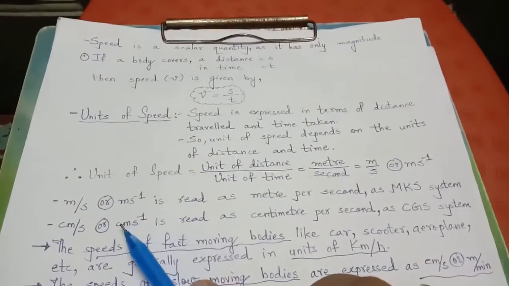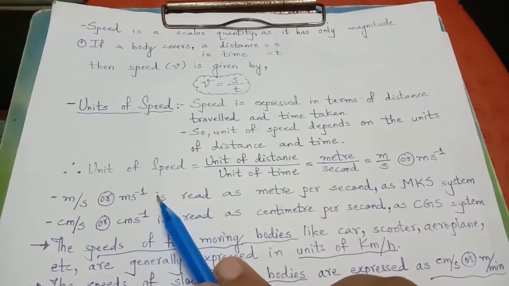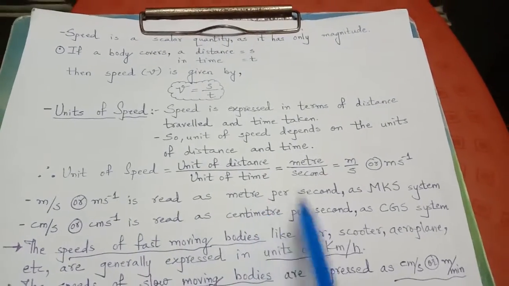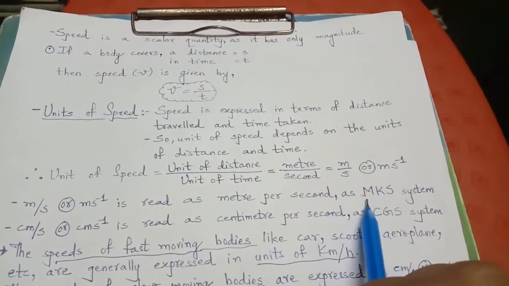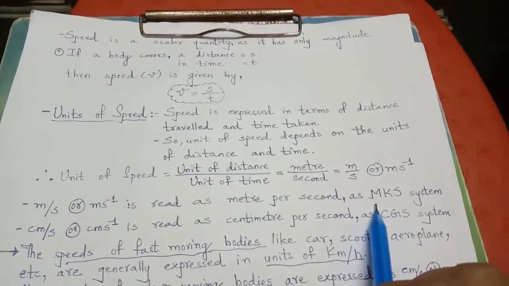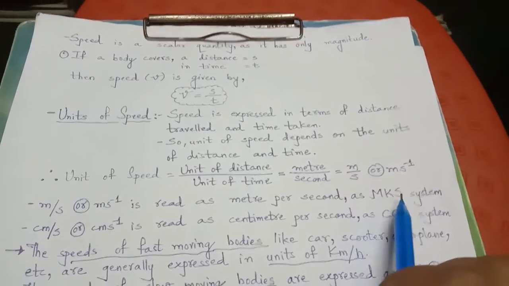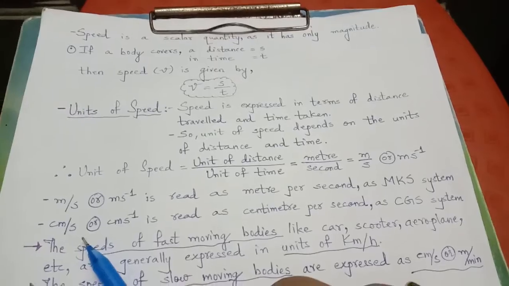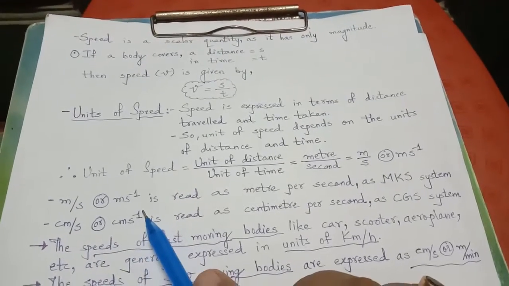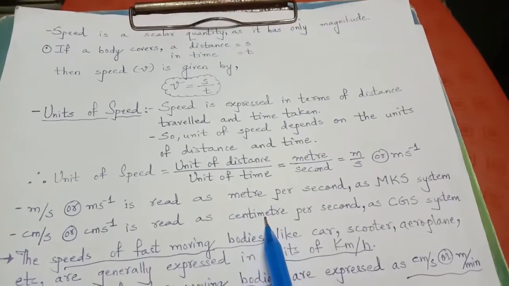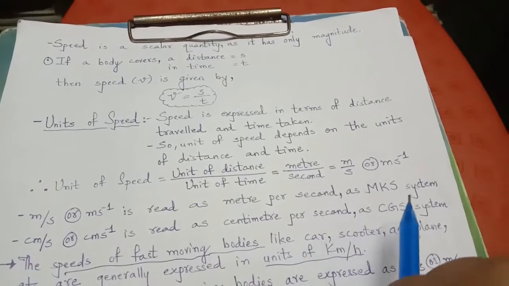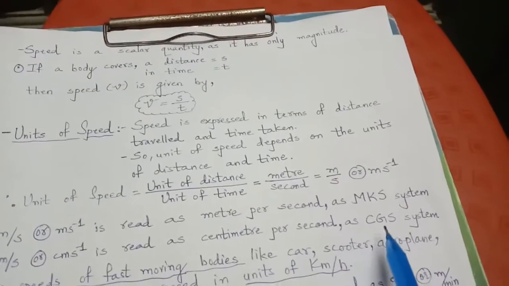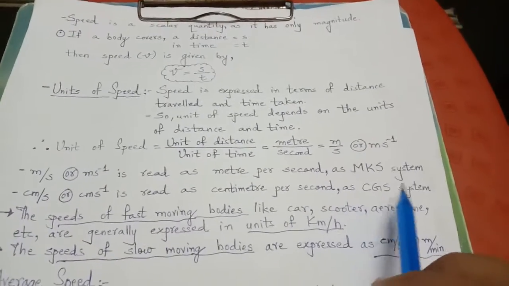It is read as meter per second for the MKS system, that is the bigger unit system, meter, kilogram, second, and centimeter per second or centimeter second raised to minus 1 for the CGS system, that is the smaller unit system, centimeter, gram and second.